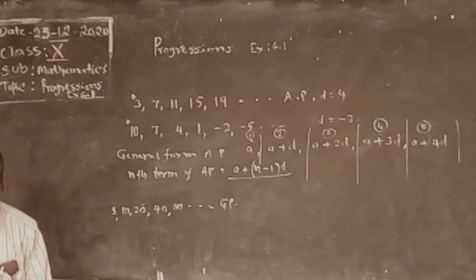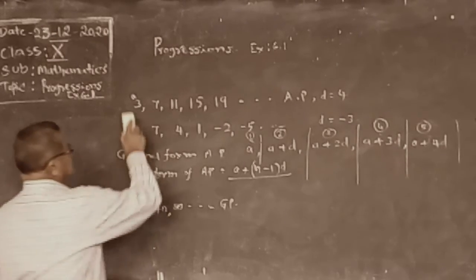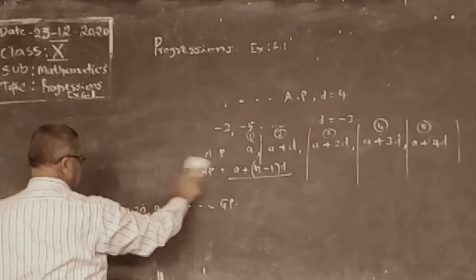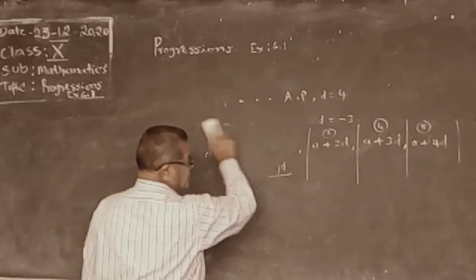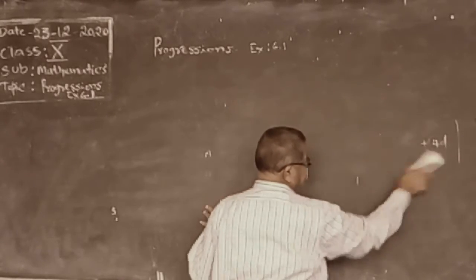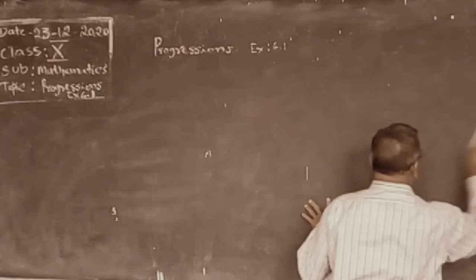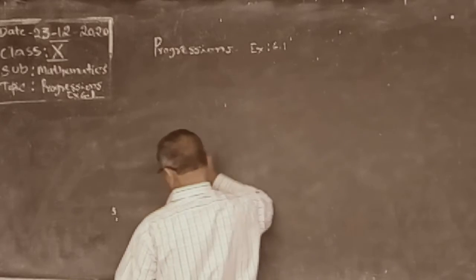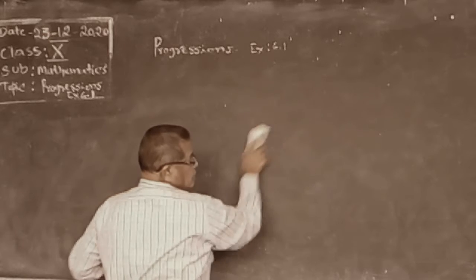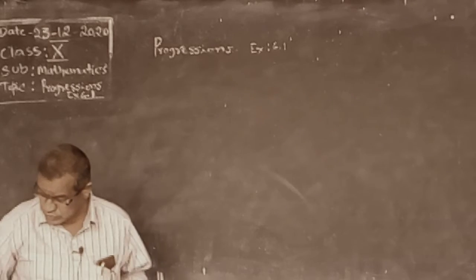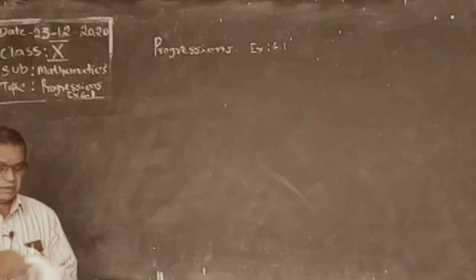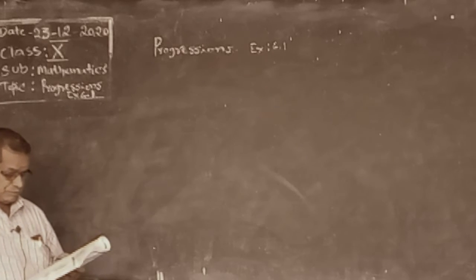In the first exercise 6.1, some problems are given. We have to say whether it comes under arithmetic progression or not. First problem I am reading.